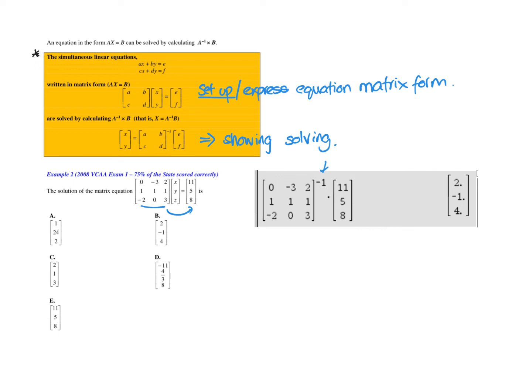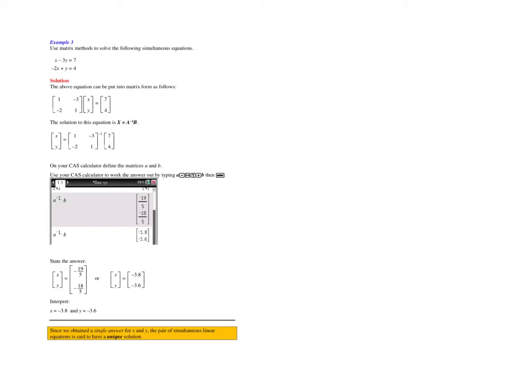So we pop that in the calculator, and we can see this is how we get answer B. Just another example, and they show you how you do it on the calculator if you're storing the matrices.